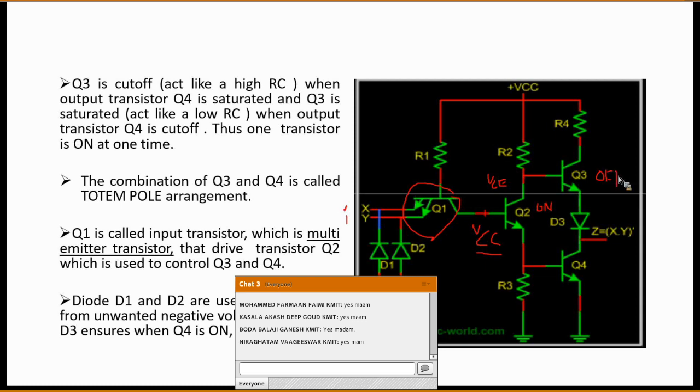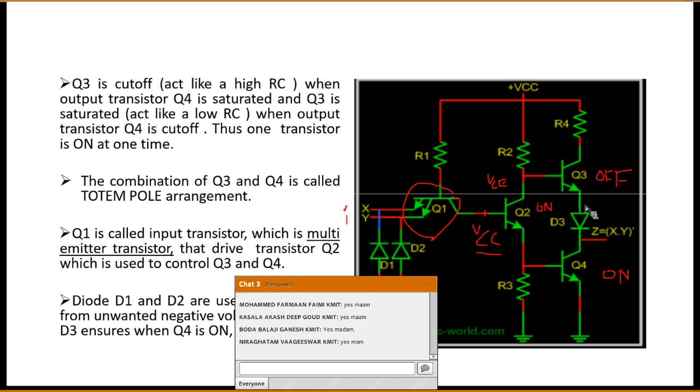Q3 will be in off state. If Q3 is off, then there is a diode here which makes Q4 go to on state. Because if Q3 is off, its collector will be maintained at VCC, very high voltage, 5 volts, and the emitter will be approximately equal to the collector.